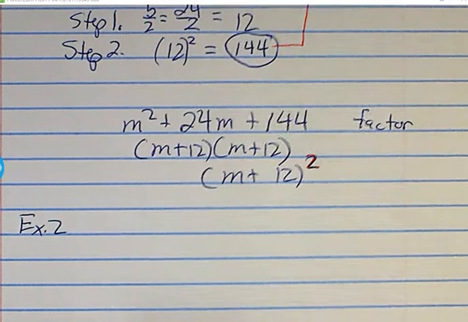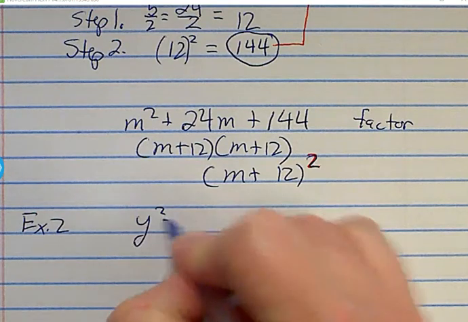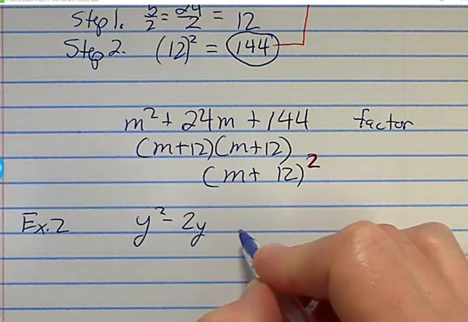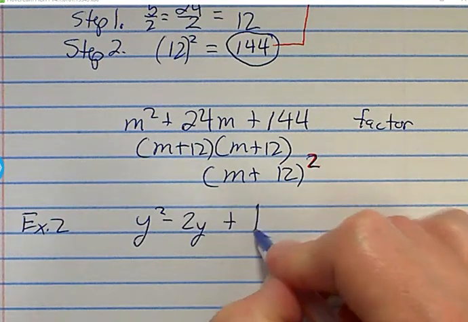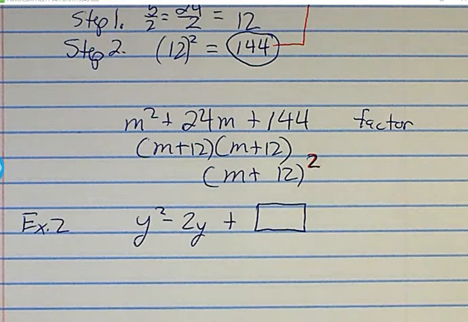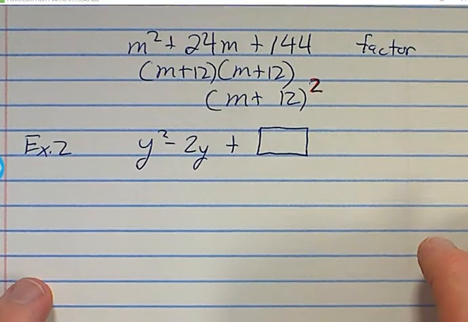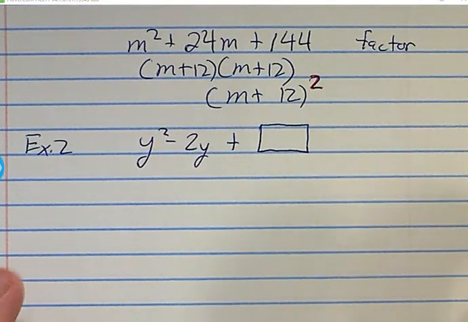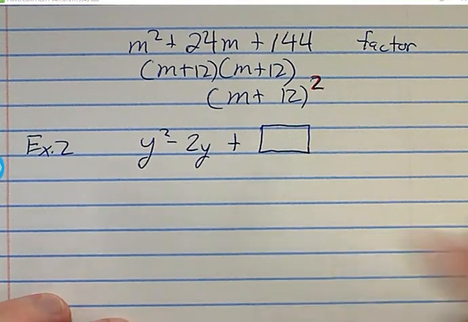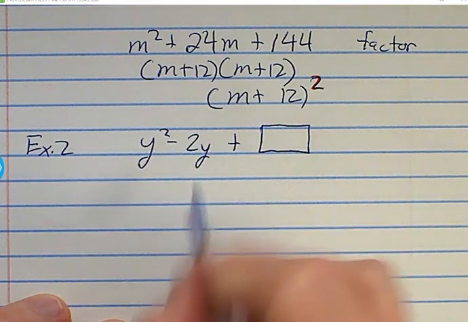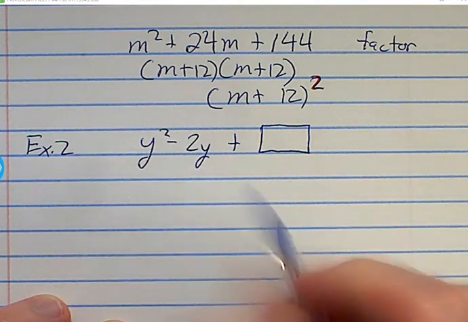Alright, so let's give you just a few more of those. Okay, so we'll go y squared minus 2y, and then plus, and then we've got our empty box at the end there. Alright, in this case, your b term is negative 2.